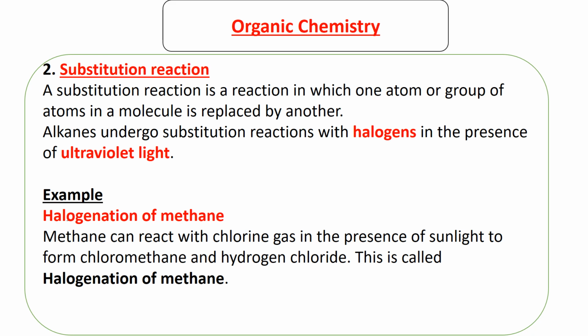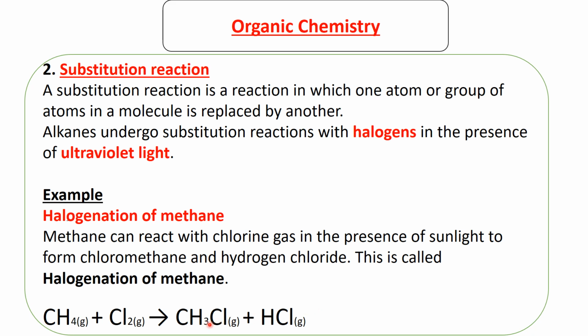Methane can react with chlorine gas in the presence of sunlight to form chloromethane and hydrogen chloride. This hydrogen chloride is hydrochloric acid when it is in the gaseous state. So this is called halogenation of methane, like I've said. This is the equation of methane reacting with chlorine to produce chloromethane and hydrogen chloride.